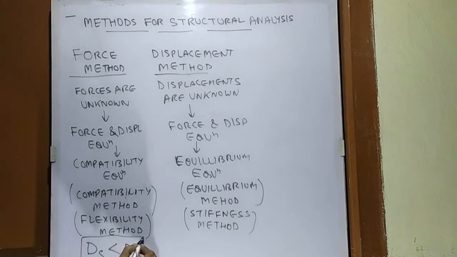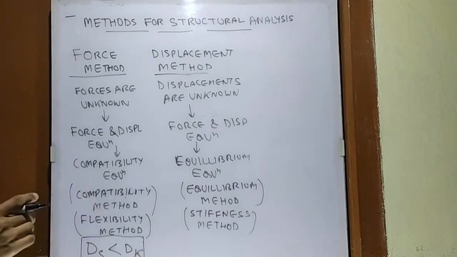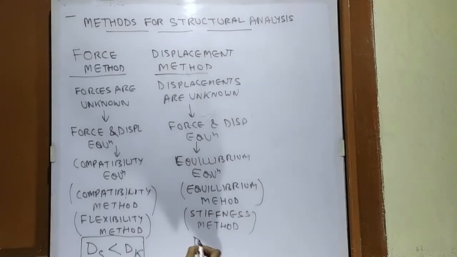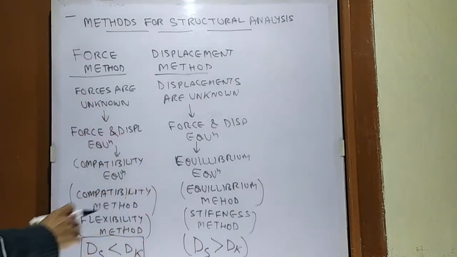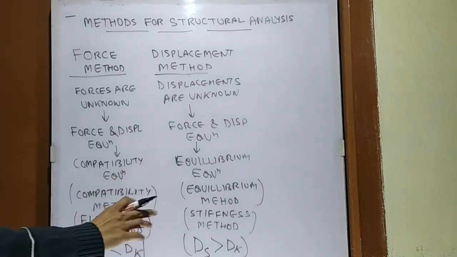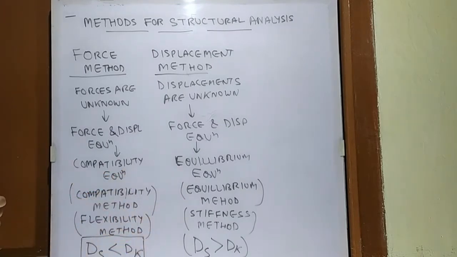It means that if in any question the degree of kinematic indeterminacy is more than the degree of static indeterminacy, we will apply force method, and if in any question the degree of static indeterminacy is more than the degree of kinematic indeterminacy, we will apply the displacement method. Okay, we will see how we will choose between these two methods by an example.